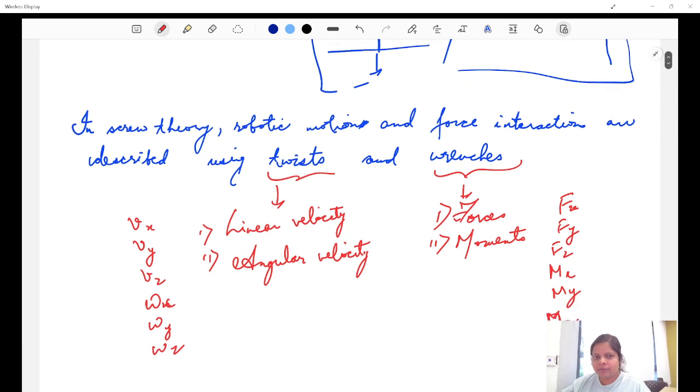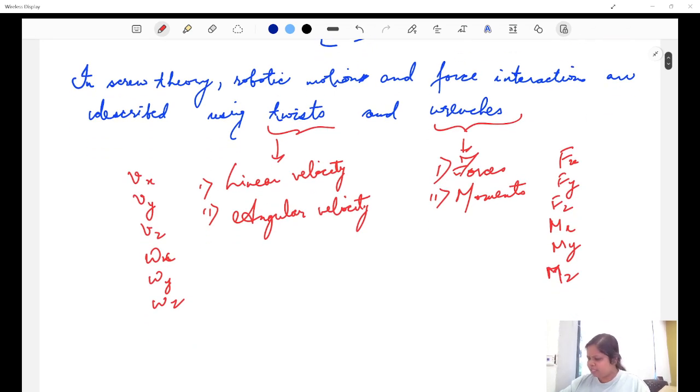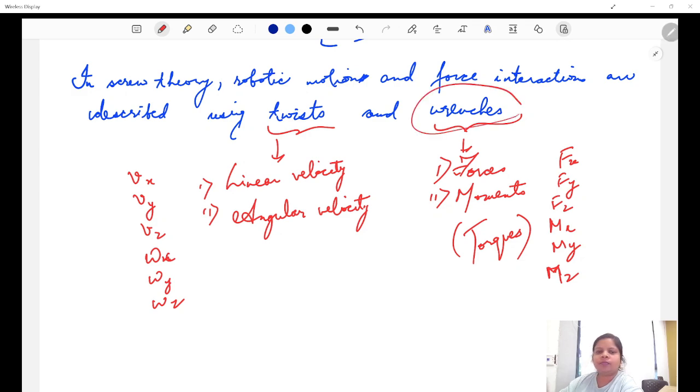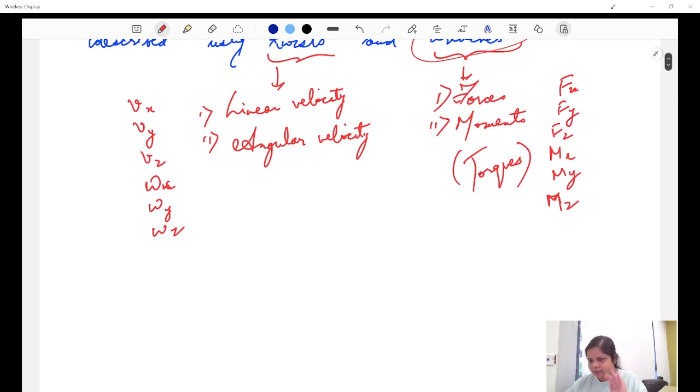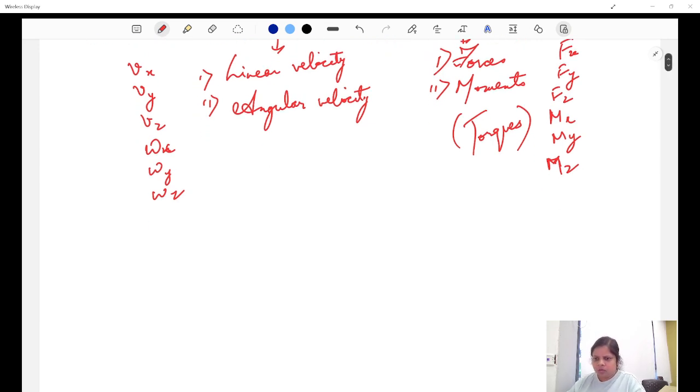Moments can be called torques, right? Basically the torques. In multi-finger grasping, these wrenches are used to model how each fingertip contributes to forces and torques, and twists describe the allowable motion. I request you to make notes of all of these because these are something extra that we are talking about.